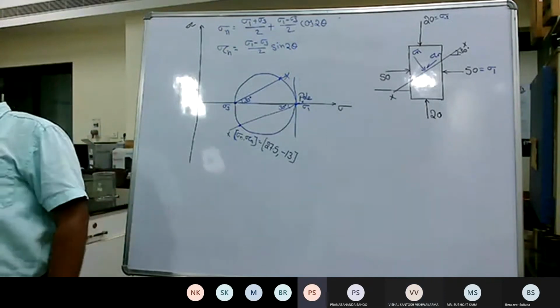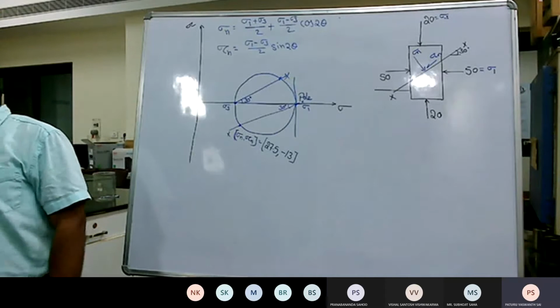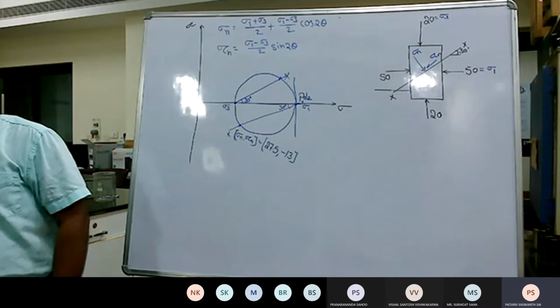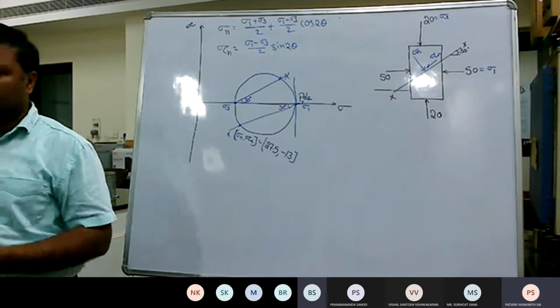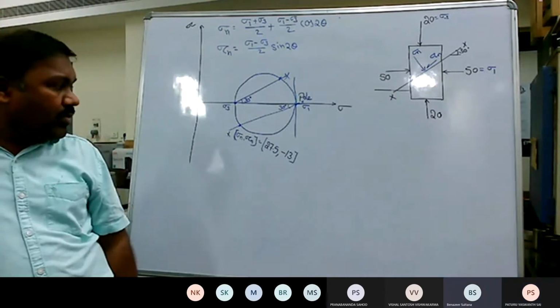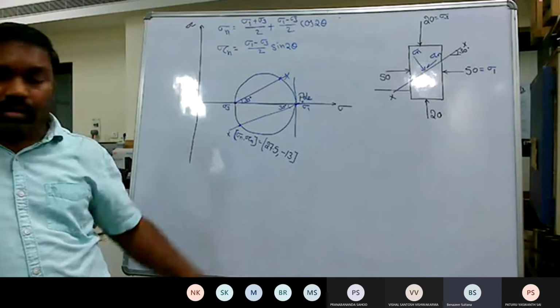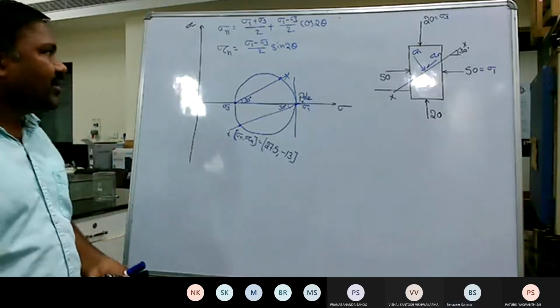So sigma n value is 27.5, sir. But tau n is 12.99, sir, when we substitute theta equals 60. But it is not minus 13, sir, this is a positive 13. So you should get negative 13, not positive 13.